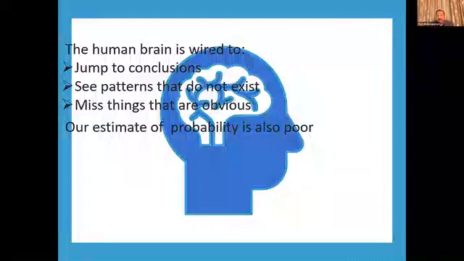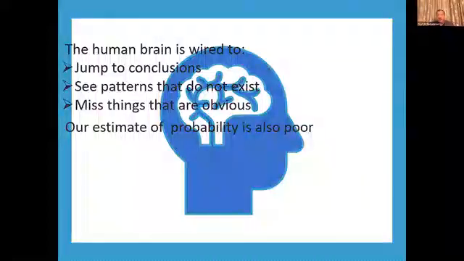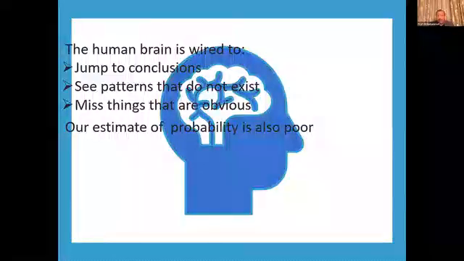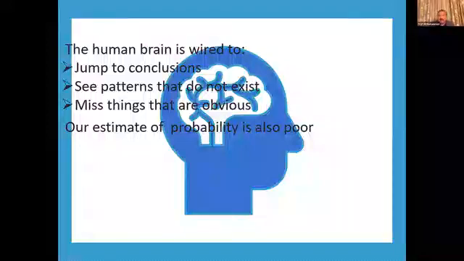Or missing things، العكس، اكو اشياء موجودة يغفل عنها مو بإرادته، ولكن لأن البرين يكون متوجه إلى diagnosis واحد. Also, our estimate of probability is poor. We don't take probability into consideration. We may give big weight to rare conditions, and we forget about common conditions.